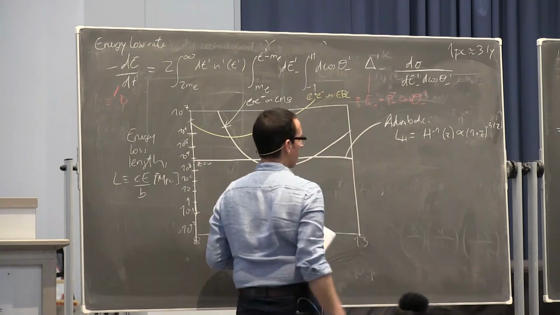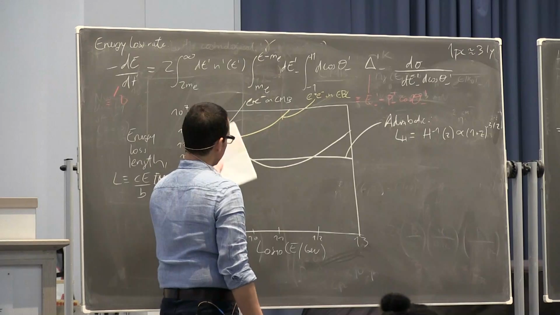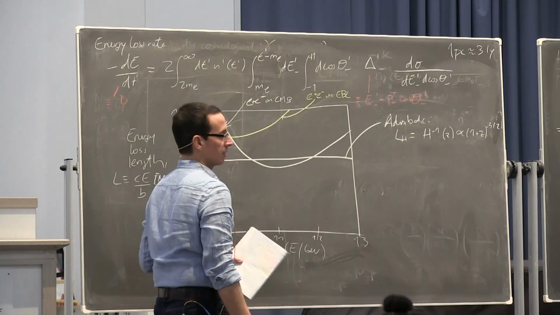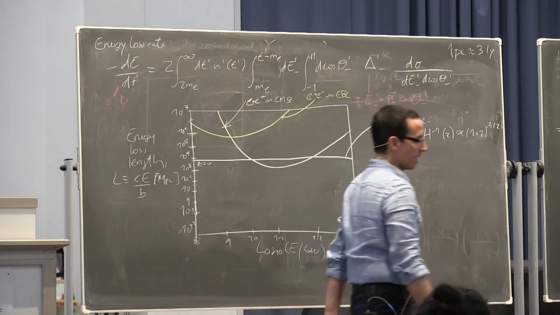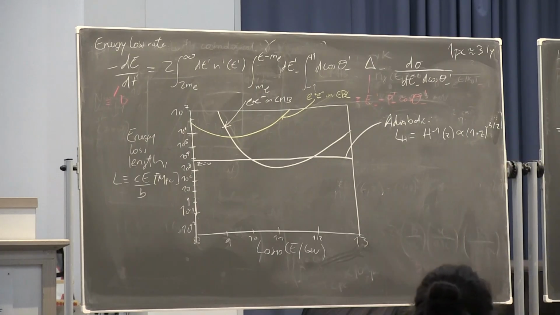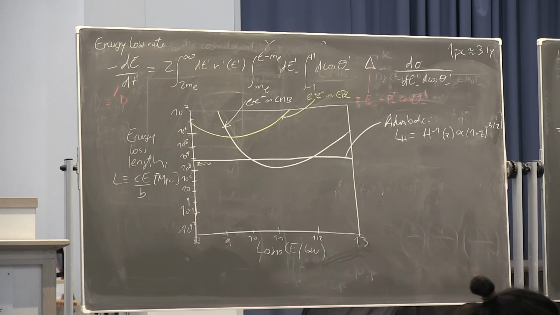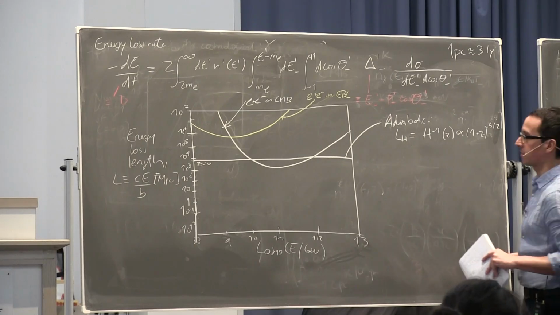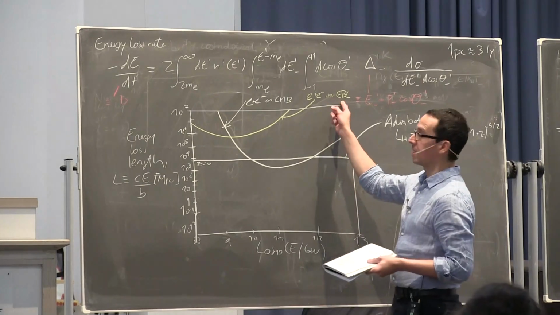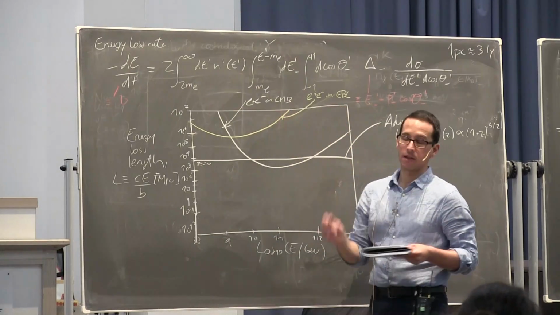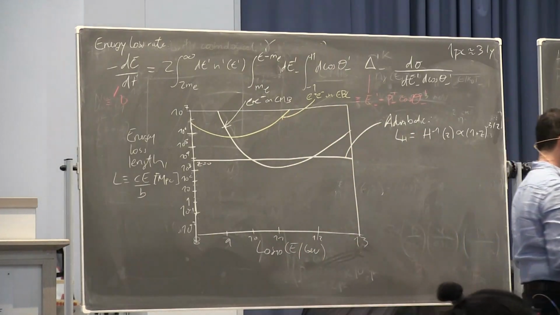It is always, or nearly always, above the CMB energy loss rate for pair production. And that means that it's nowhere as efficient as the CMB to take energy away from the protons, and that is because there are fewer EBL photons than there are CMB photons.